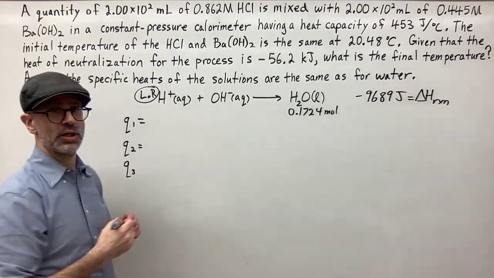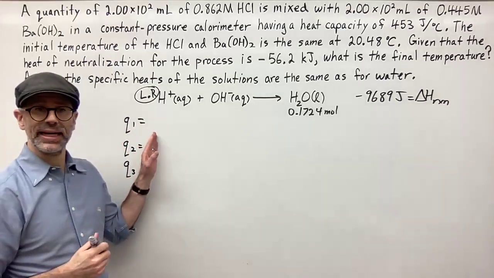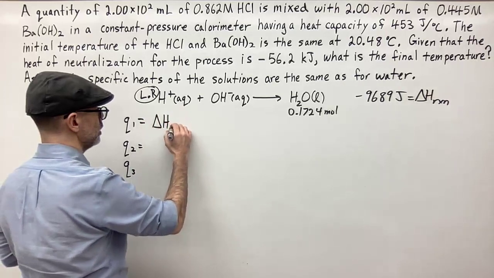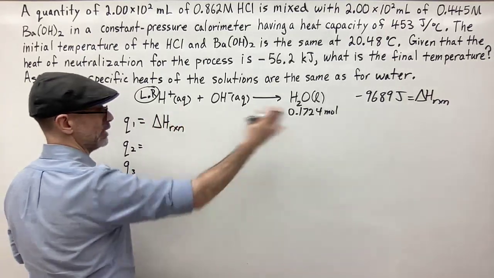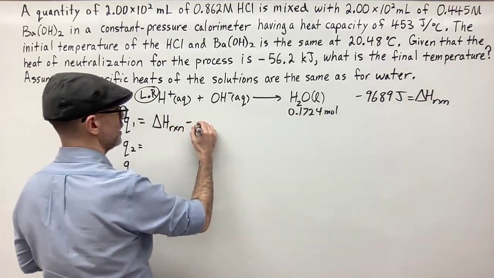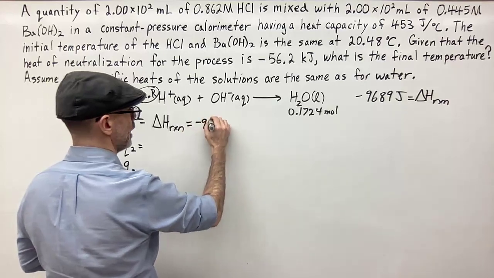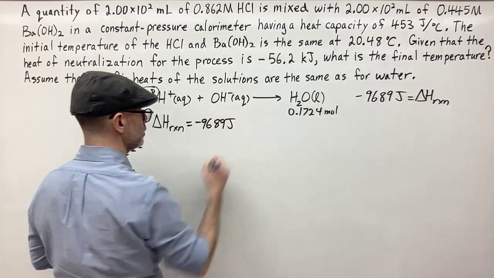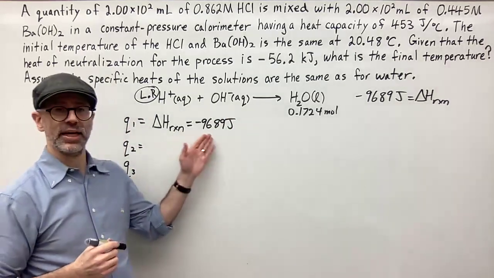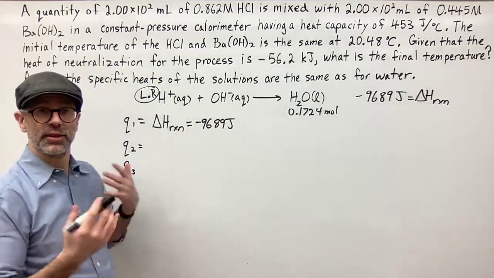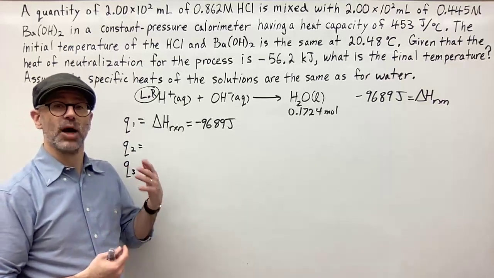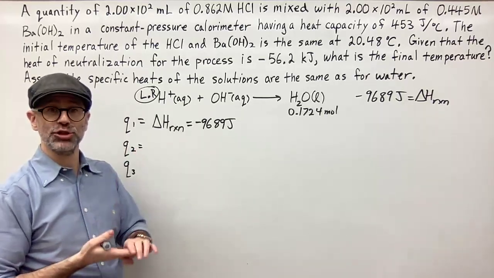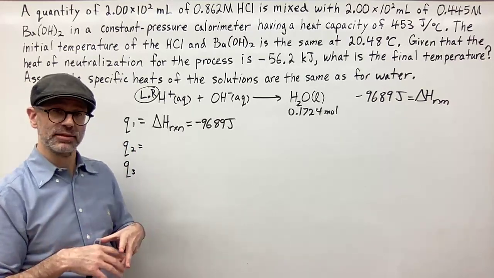So the first one, of course, is going to be the heat of the reaction. So we're going to call that delta H of the reaction, and that's what we just calculated. That's going to be equal to negative 9689 joules. So this is the amount of heat released, but that heat is absorbed by two things: the calorimeter and the solution in which the reaction is taking place.